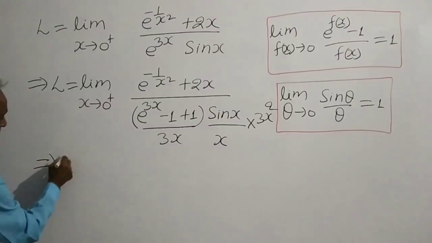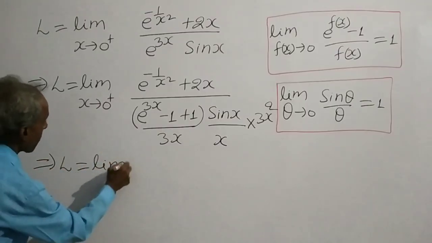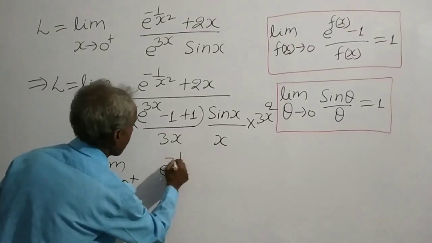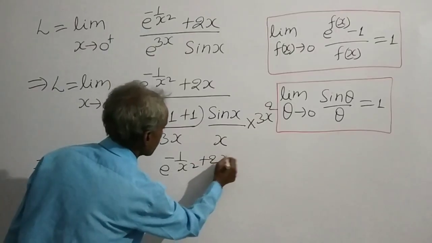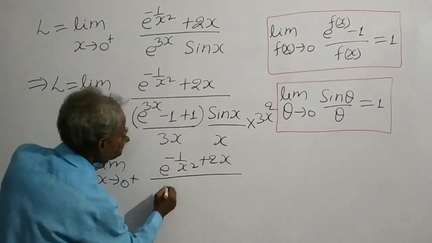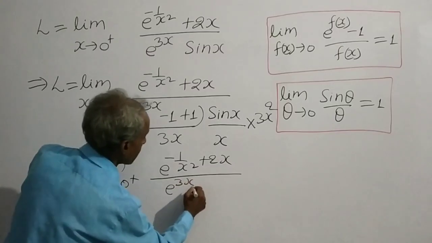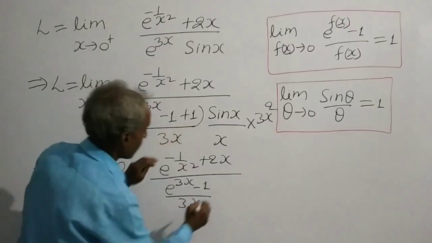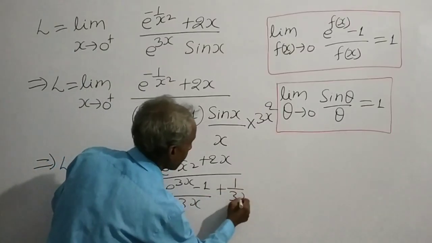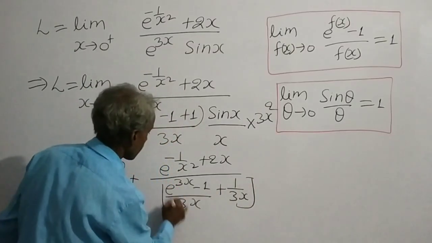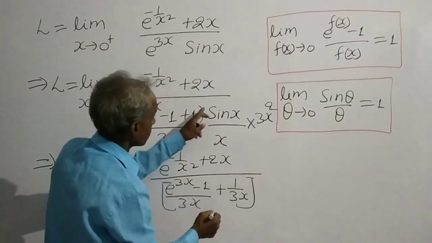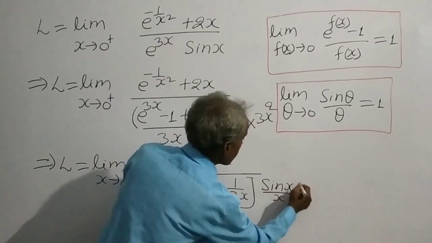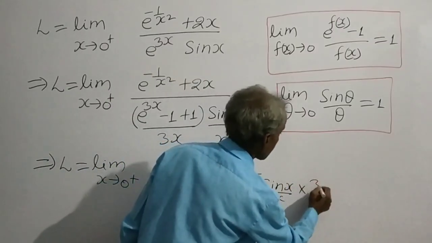This implies L is equal to limit of x tends to 0 plus e to the power minus 1 by x square plus 2x by e to the power 3x minus 1 by 3x plus 1 by 3x, sin x by x, times 3x square.